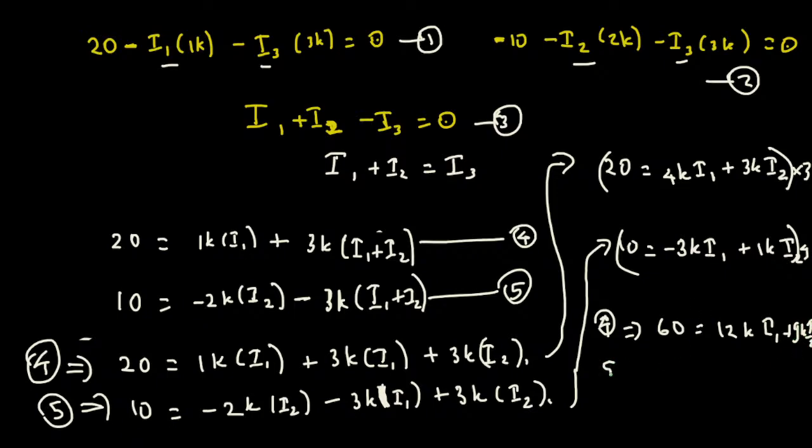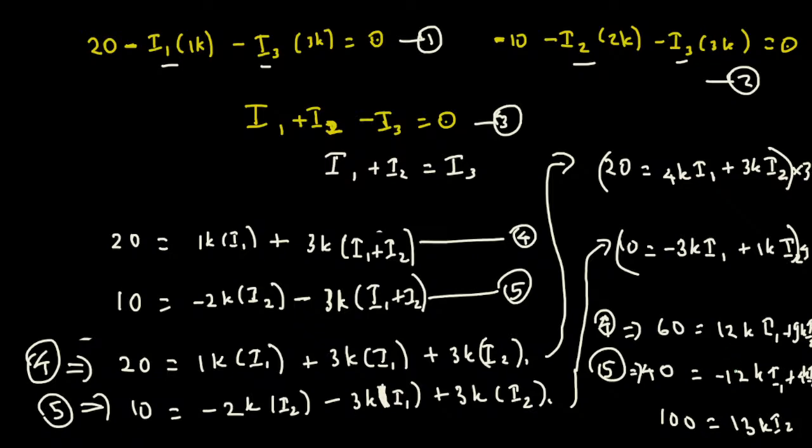And the fifth equation, if you multiply everything by 4, becomes 40 equal to minus 12k I1 plus 4k I2. Add these two together, then this will become 100 is equal to 9 plus 4, that is 13k I2.